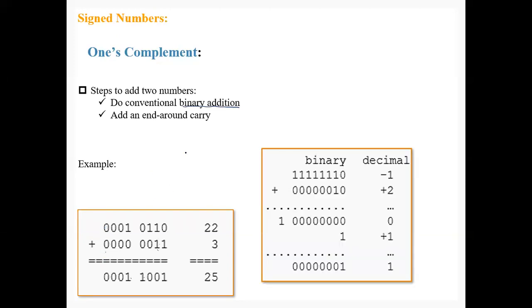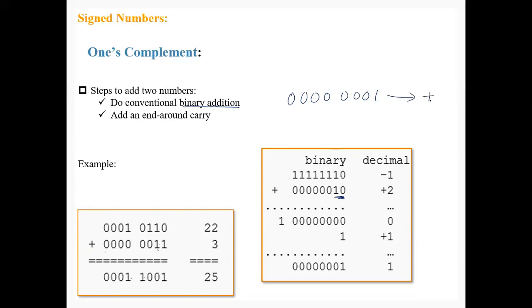Now you are adding -1 and plus 2. Plus 2 is definitely 1, 0. That's easy. For -1, first write 1, which is 0, 0, 0, 0, 0, 0, 0, 1. That's your plus 1.